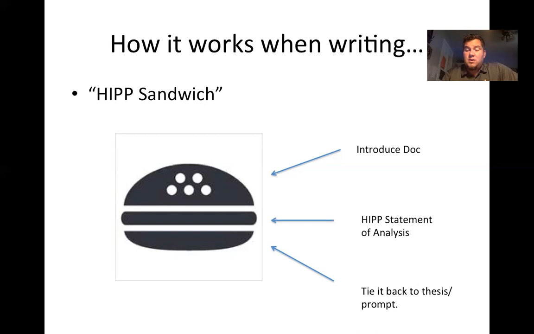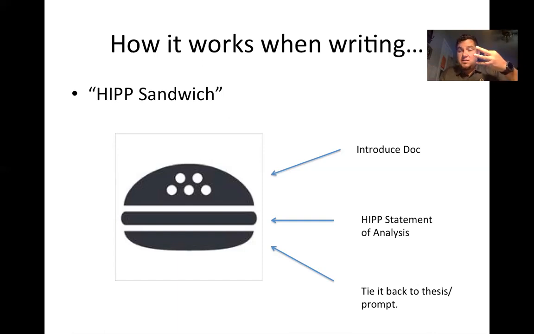And then the last one, tied back to the thesis, the two magic words are thus proving. Thus proving that the desired level of volume varies by age, whatever the prompt is. You kind of need the prompt for that one.